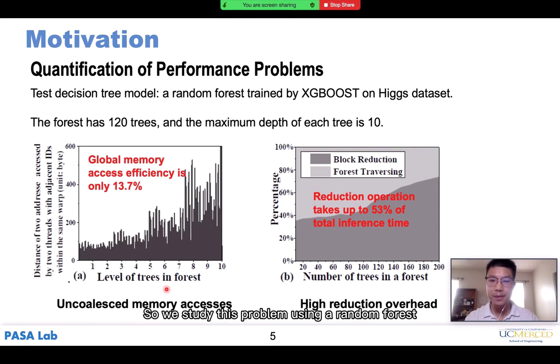So, we studied this problem using a random forest trained by XGBoost on a common dataset, Higgs. For the first figure, we observe that the ratio of requested data to total data fetched from global memory is only 16.7% because of uncorrelated memory accesses. From the second figure, the reduction operation takes up to 53% of total inference time in our example with 120 trees.